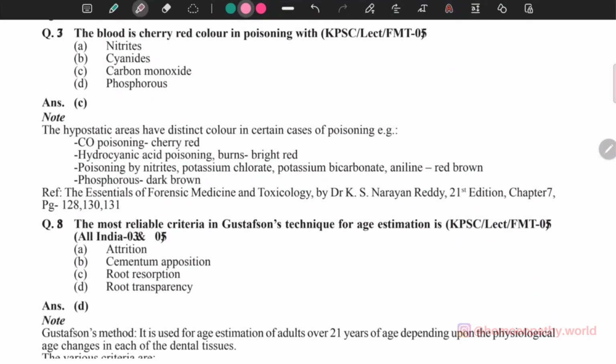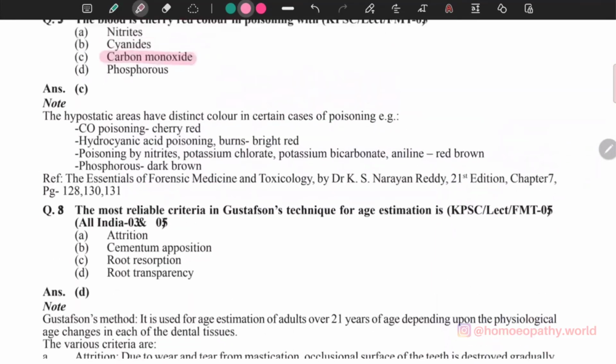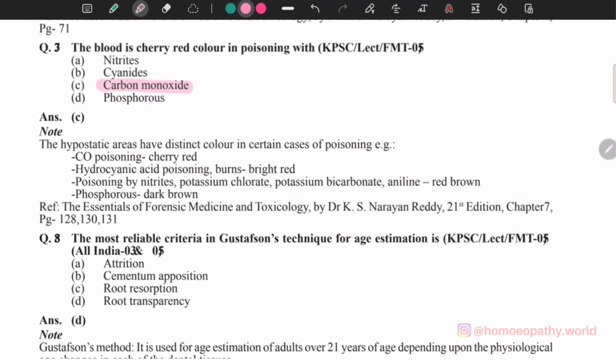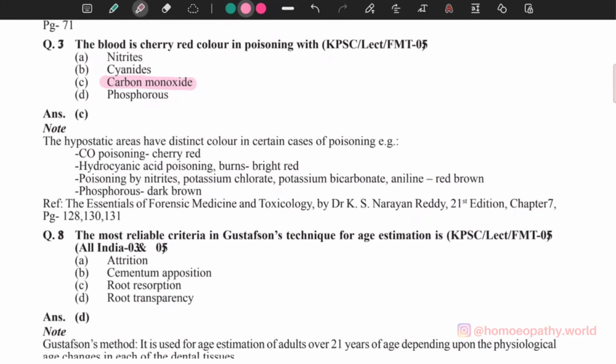The blood is cherry red in color in poisoning with A. Nitrites, B. Cyanide, C. Carbon monoxide, and D. Phosphorus. The answer is carbon monoxide. So what are the different colors? As mentioned, in carbon monoxide poisoning, it is cherry red. Hydrocyanic acid will show bright red color.